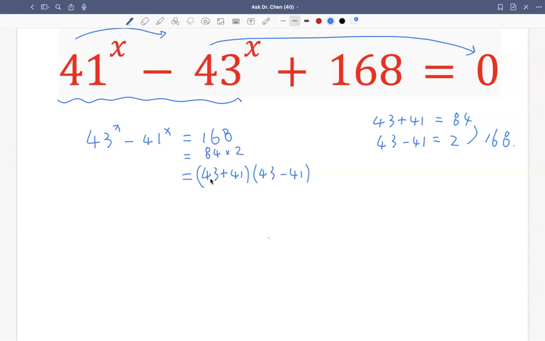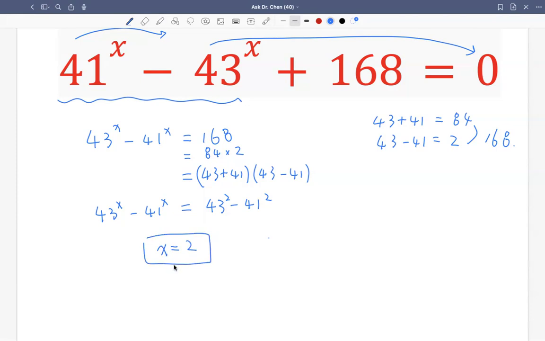And 84 comes from 43 plus 41, and 2 comes from 43 minus 41. And this is the difference of two squares, right? Remember, this is 43 squared minus 41 squared. So match up the left-hand side and the right-hand side, and the x has to be 2. So x has to be 2.